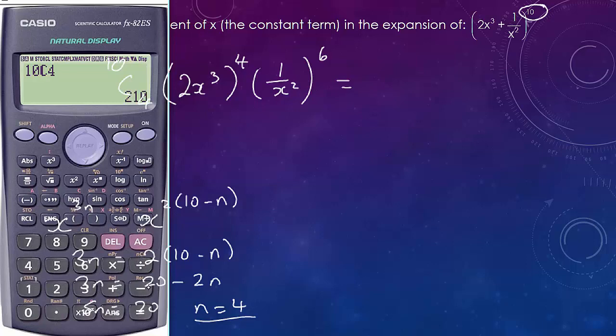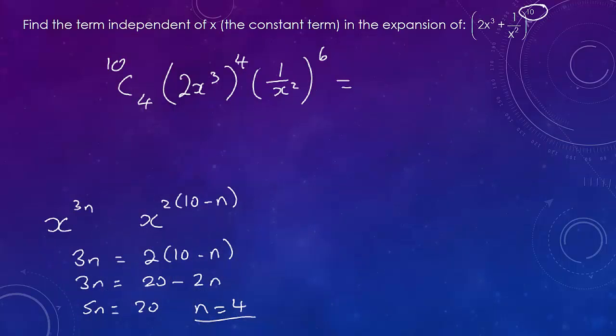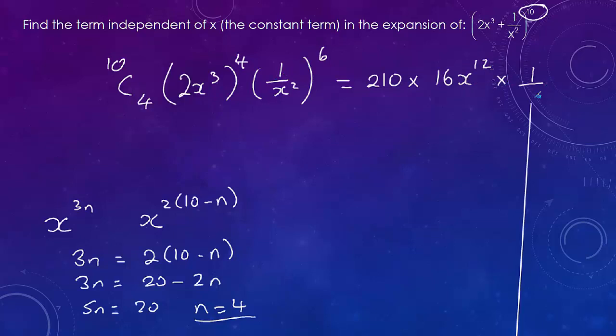So that gives me 210. 2 to the power 4 is 16, so that's going to be 16x to the 12. And then 1 to the 6 is just 1, so it's 1 over x to the 12.